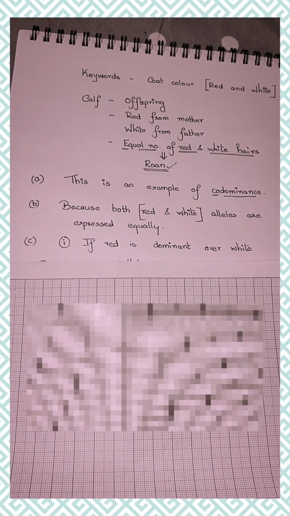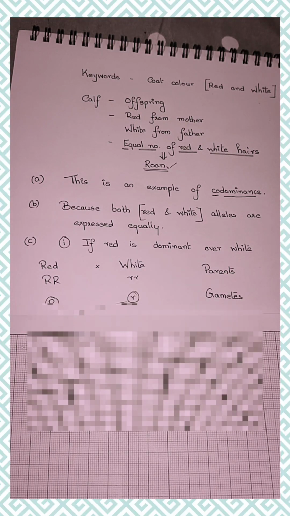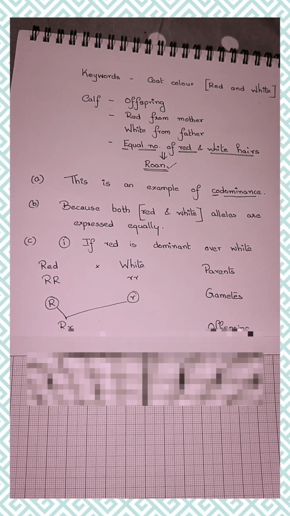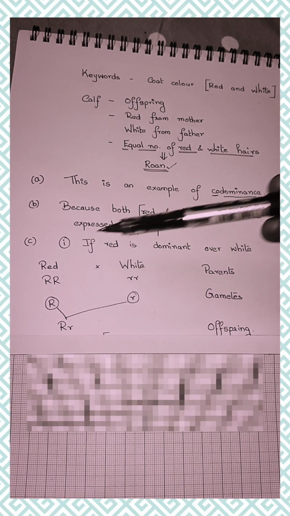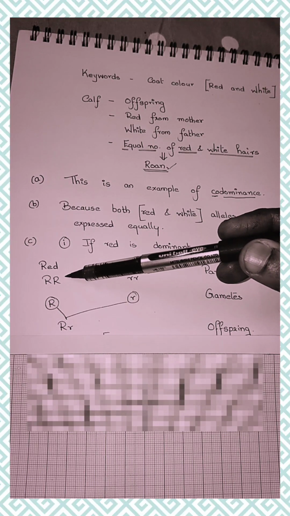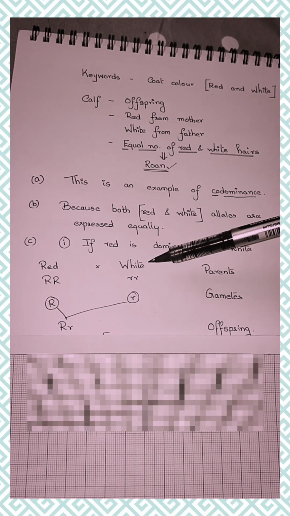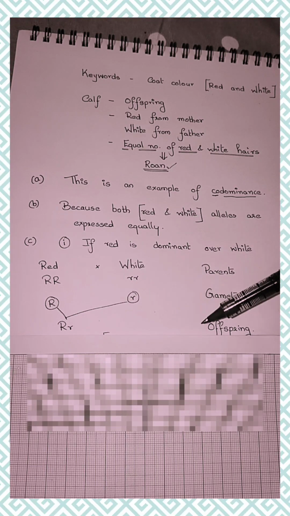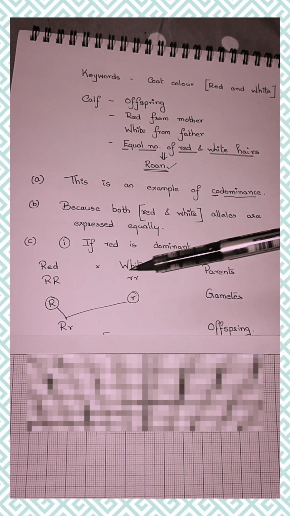So when you have a problem in genetics, especially the cross, you are going to write the parents, the gametes, and the offspring. So we write the parents here. You have red and white parents. Red is designated by capital R since it is completely dominant, and the same letter goes for white, a small letter. Now what about the gametes? You have capital R and small r in the gametes respectively from both parents.